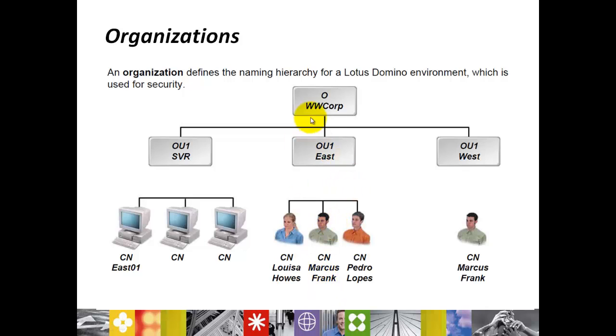If you see the example on the screen, we have an image here. For example, we have created, for classroom purposes, an organization called WW Corp. In this organization, we have divided into three parts that are called organization units. The organization unit 1, and we have an east, a west, and a south server.